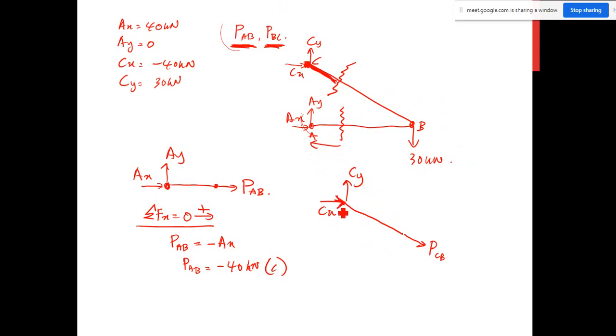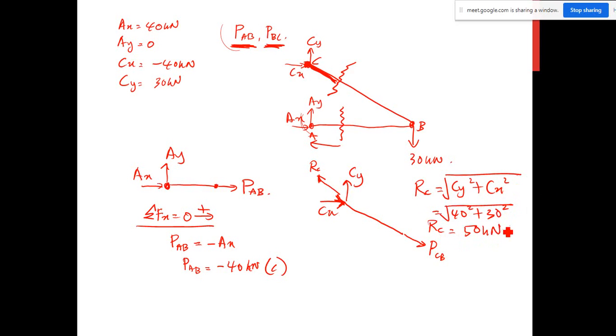For this case, because CX and CY are not collinear with the member CB, you have to determine the resultant at point C. The resultant force at point C is equal to square root of Cy square plus Cx square, so 40 square plus 30 square. So RC is equal to 50 kilonewton.